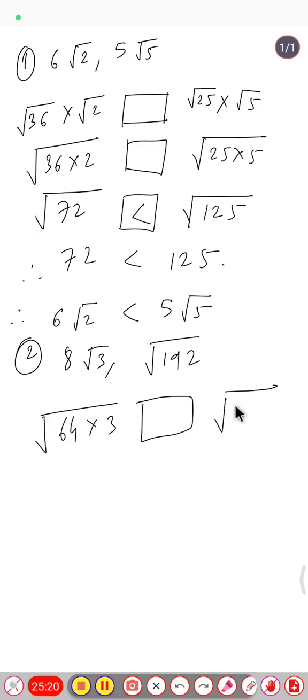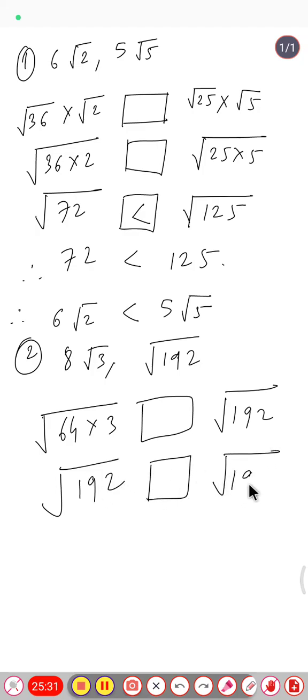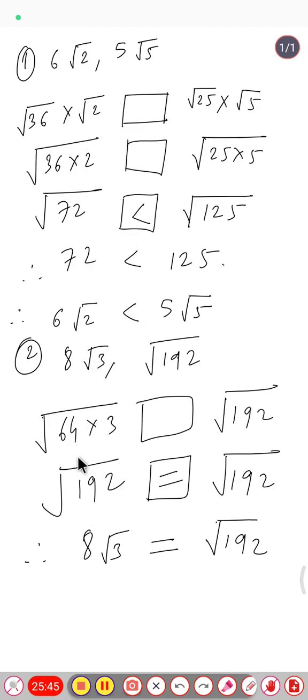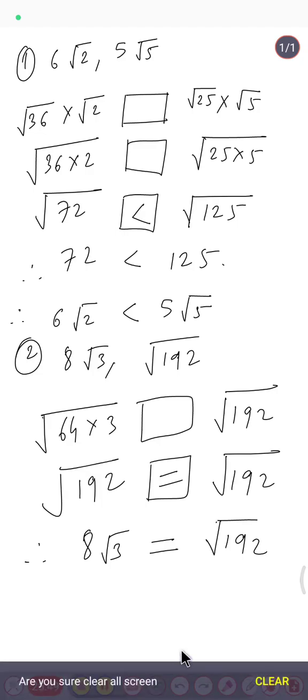Here it's 192. Now you can find this out: 4 3s are 12, carry 1, 6 3s are 18, plus 1 it's 19, and 2, so root 192. Having the same number, we can say that 8 root 3 is equal to root 192. Understand? So in this way we are going to compare the given surds or rational numbers.